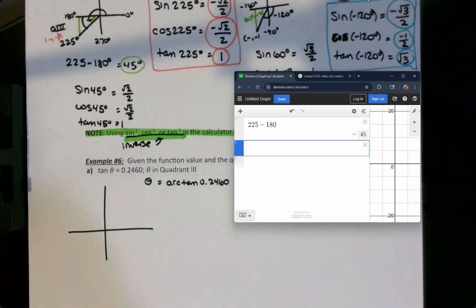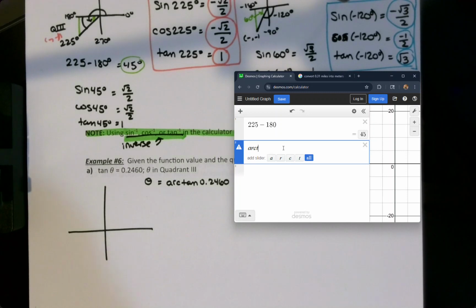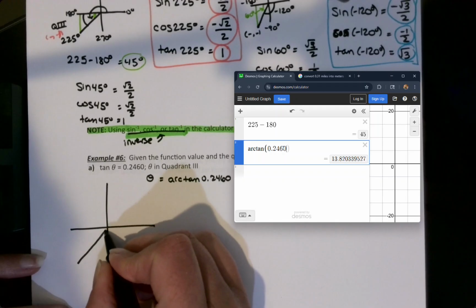Make sure that I'm in degrees, which I don't think I am. Oops, degrees. There we go. And inverse tangent or arctangent of 0.2460.